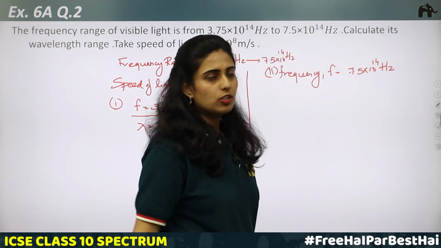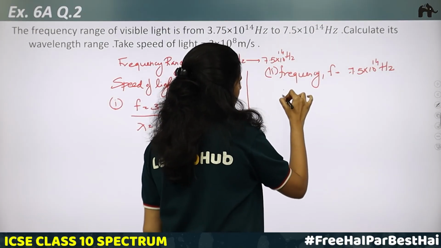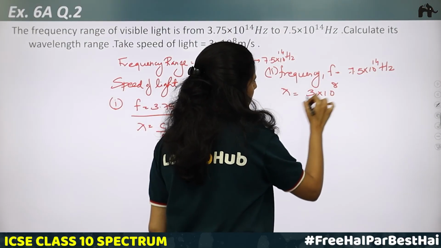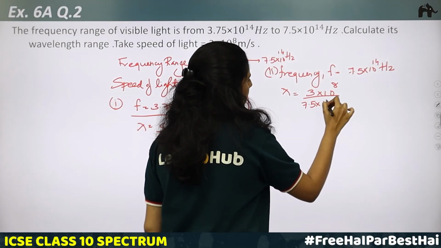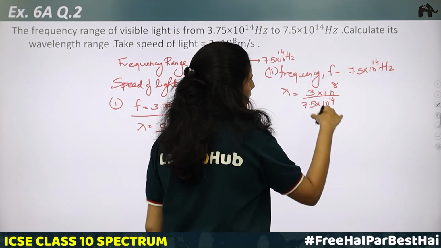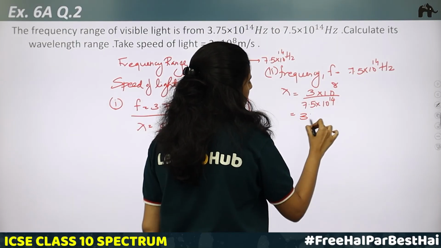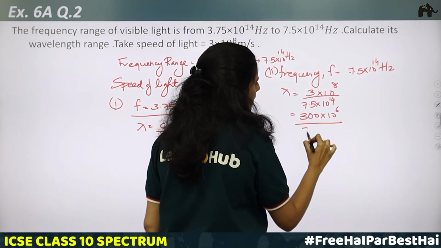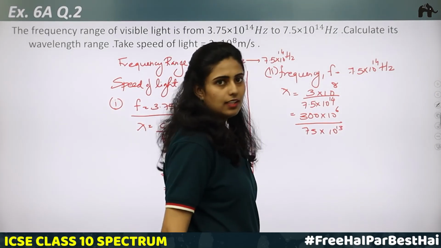In that case, you will have lambda is equal to 3 into 10 raised to 8 divided by 7.5 into 10 raised to 14, which is equal to 300 into 10 raised to 6 divided by 75 into 10 raised to 13.